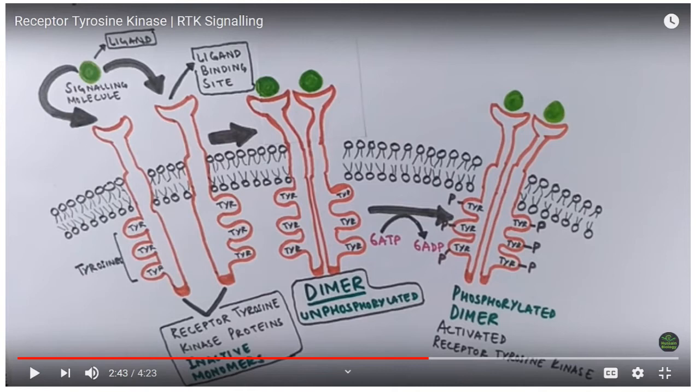The growth factor receptor is a transmembrane receptor, and when it binds to its ligand, it dimerizes, and then this dimer is phosphorylated by the conversion of ATP to ADP.